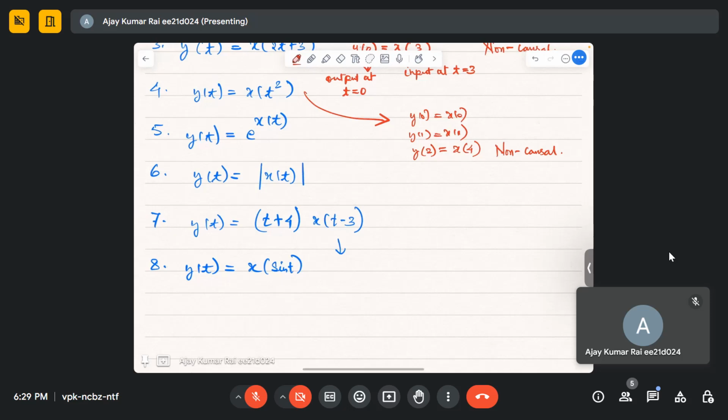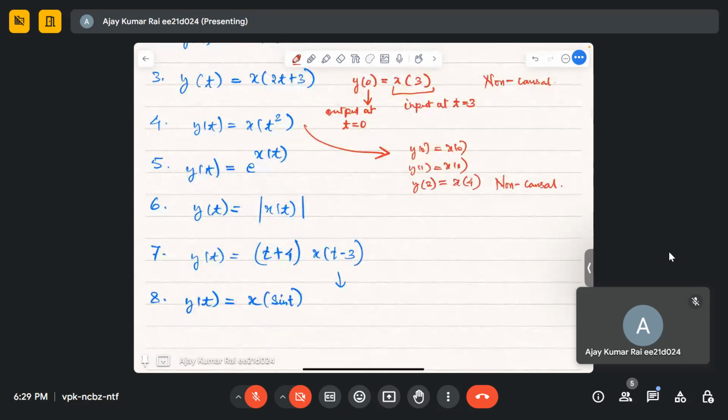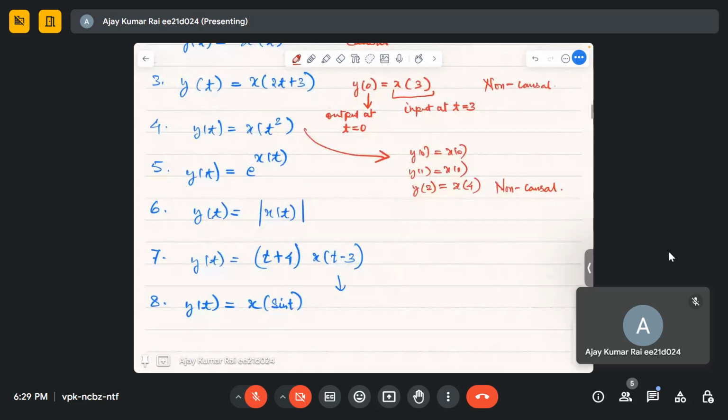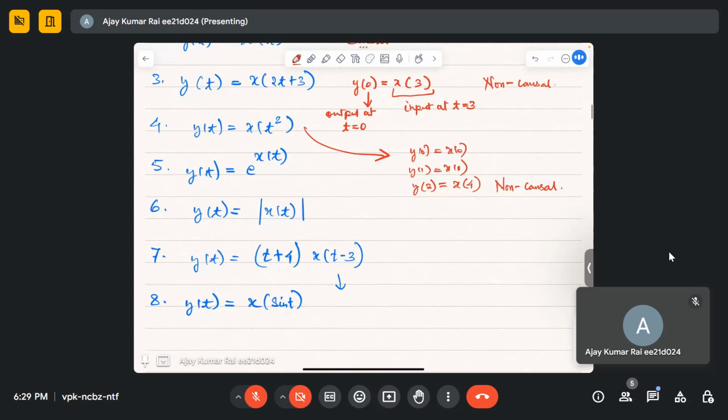Okay. So what can you say about this fifth one? Whether it's causal or not, y of t equal to e raised to power x of t. You just put values.